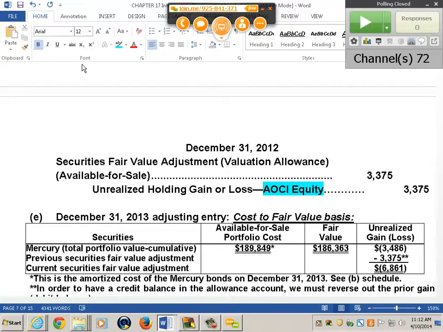It gets closed out to retained earnings. So on both balance sheet accounts, both the unrealized holding gain or loss and the valuation allowance, these are accumulating numbers that will not go away. I mean, they're not going to get closed out. They're going to be accumulating.